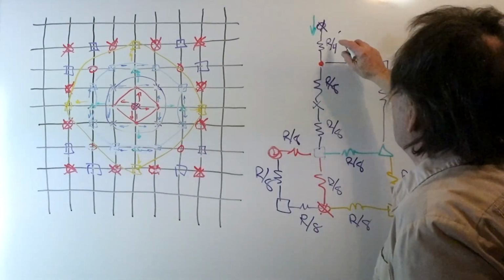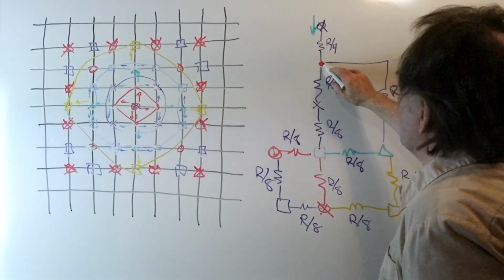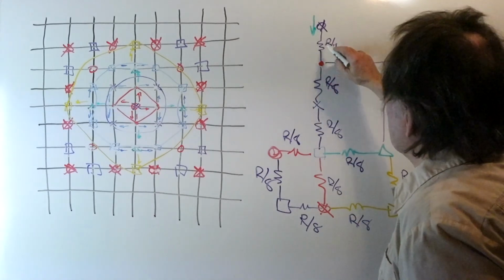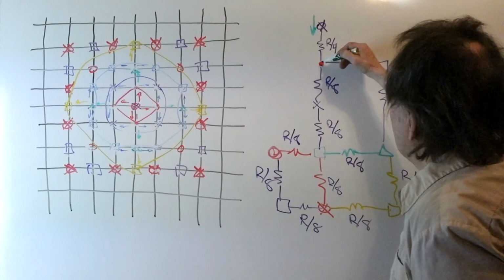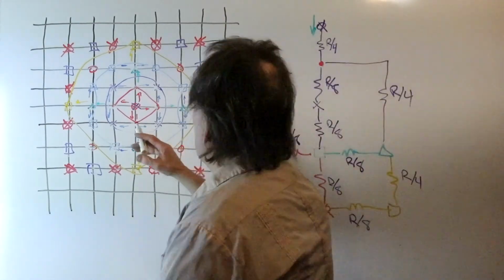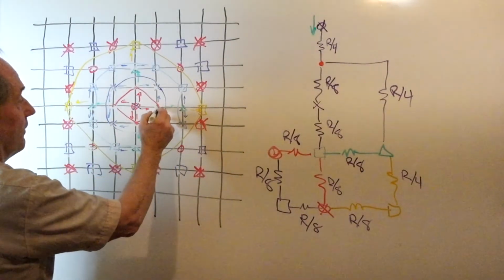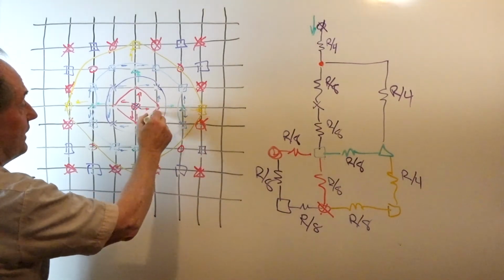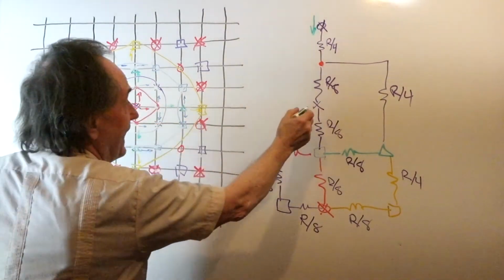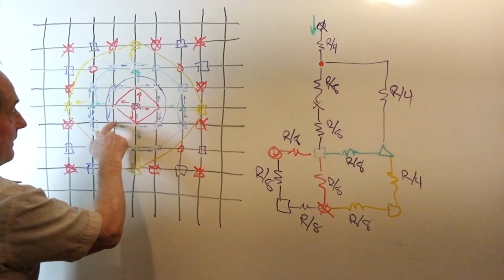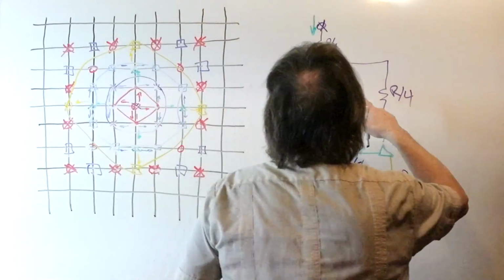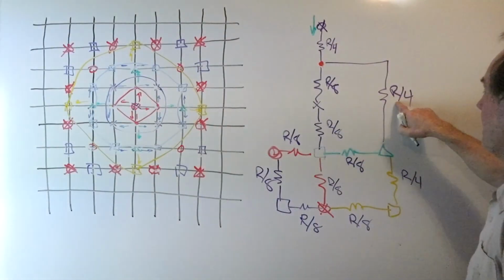And the current splits 4 ways to get us through here. But once we get to the red node, so that we get to the next path to the X on the opposite diagonal, we see that we don't have symmetry.